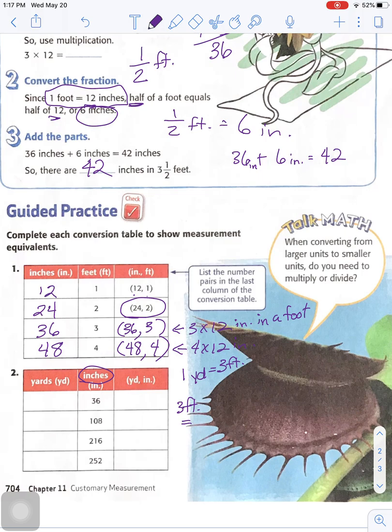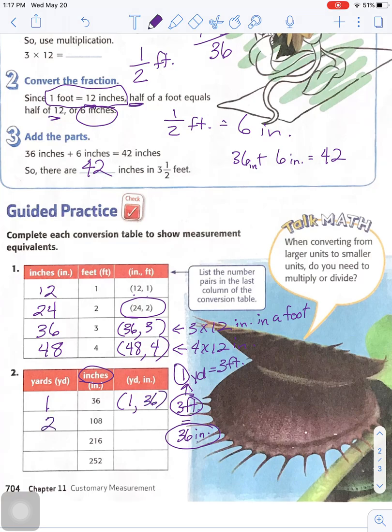Well, in every foot there's 12, and 12 times 3 would be 36 inches in every 3 feet, which is the same as a yard. If I've got 36 inches, that's the same as 1 yard, so 1 yard would be 36 inches.